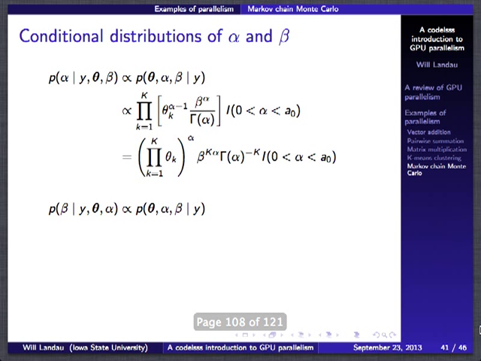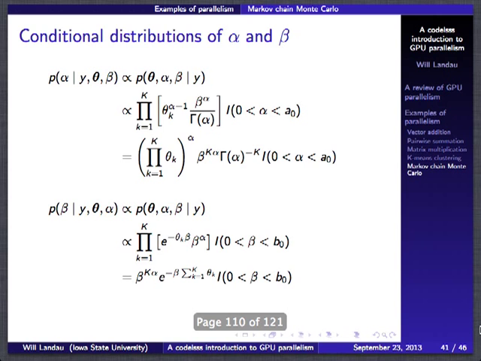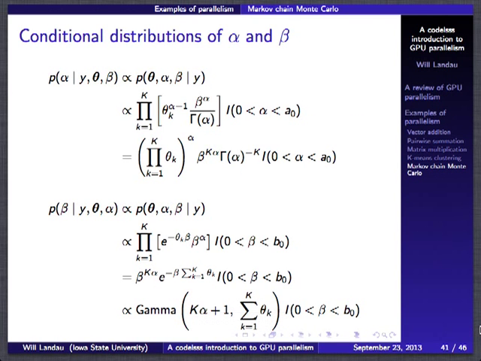And then the betas have a nicer form, thankfully. It's a truncated gamma distribution, truncated above at B naught. If we choose B naught high enough, we can actually just use a gamma distribution to sample beta and not worry about this truncation, which in the implementation is exactly what Zeb decided to do.